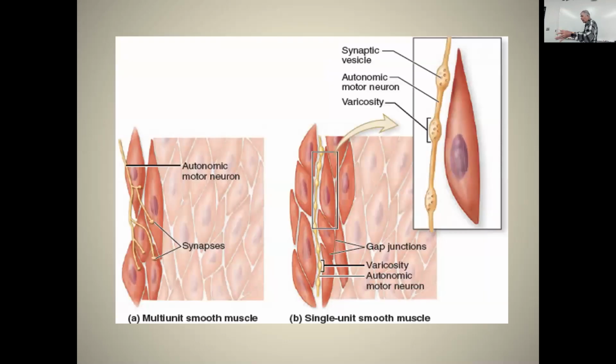So there's multi-unit on the left. You see this autonomic motor neuron, and it's innervating every single muscle cell with synapses.